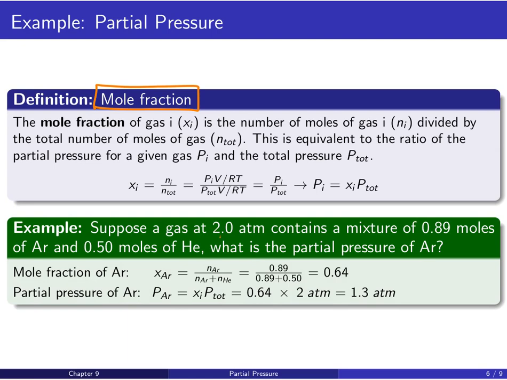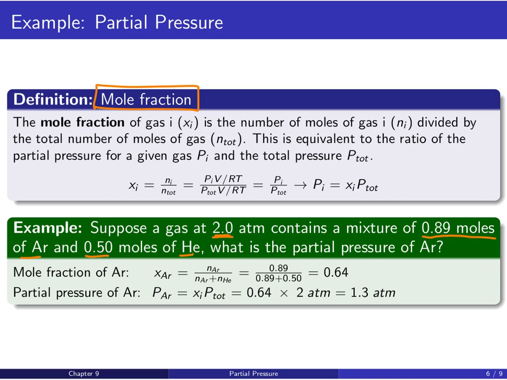Let's suppose that we have a gas that's held at 2.0 atm, and let's suppose that it has two different components. It is comprised of 0.89 moles of argon and 0.50 moles of helium. All right, we want to determine the partial pressure of just that argon.